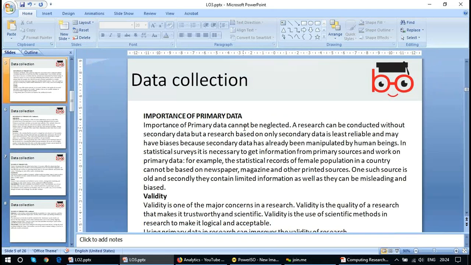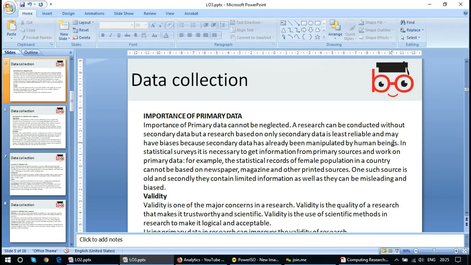The importance of primary data cannot be neglected. Research can be conducted without secondary data, but research based on only secondary data is least reliable and may have biases, because secondary data has already been manipulated by human beings.